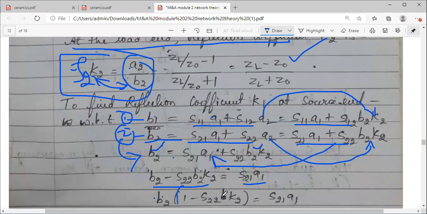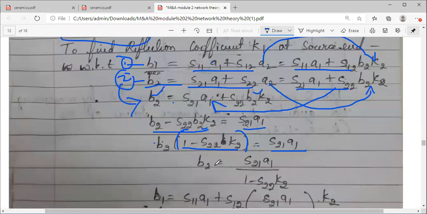If I take common B2, first term is 1 minus S22 K2 is equal to S21 A1. Now what will be your B2? B2 is equal to this as it is. The value that came, 1 minus S22 K2, take it to the denominator side. This is your B2 value.